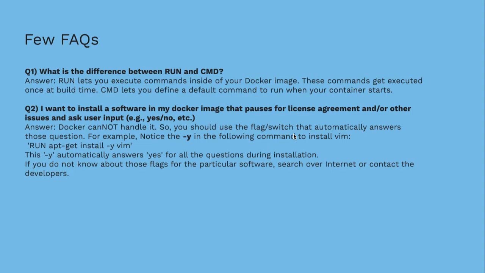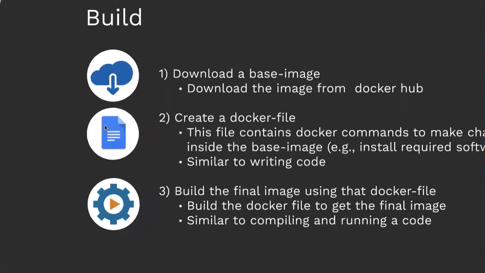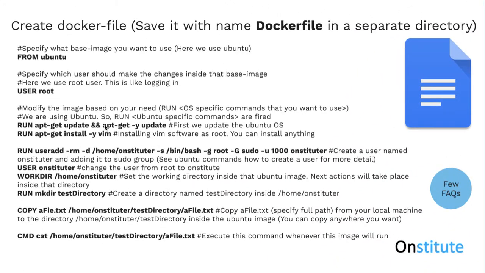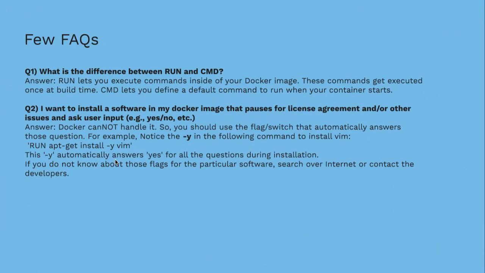For example, you must notice the -y in the command in the Dockerfile when I was using vim. So if you see RUN apt-get install -y vim, this -y automatically answers yes for all the questions during the installation of vim.